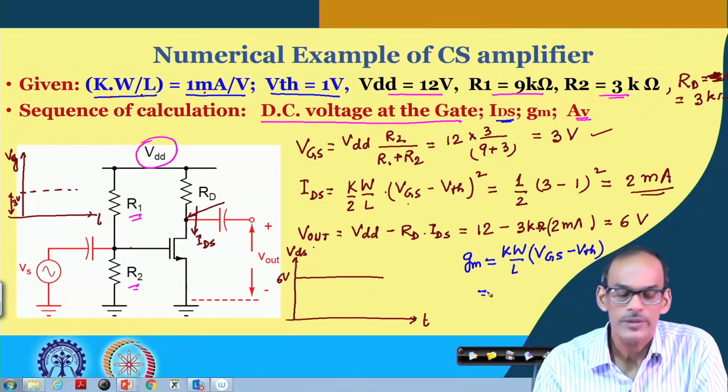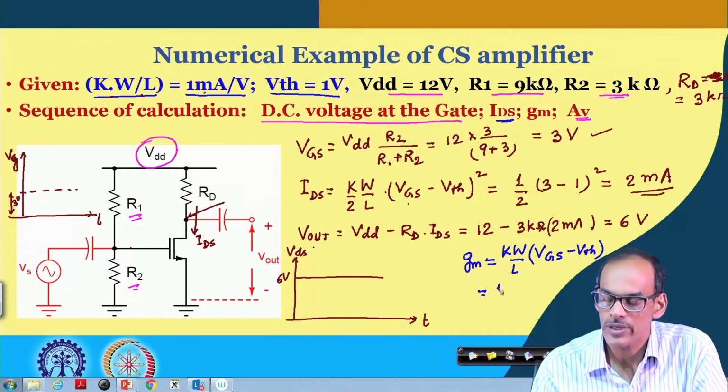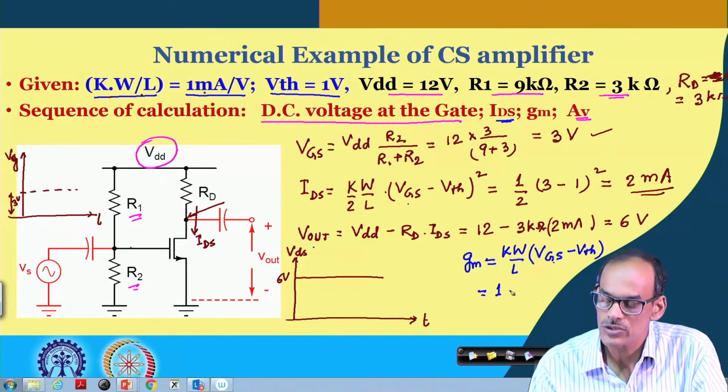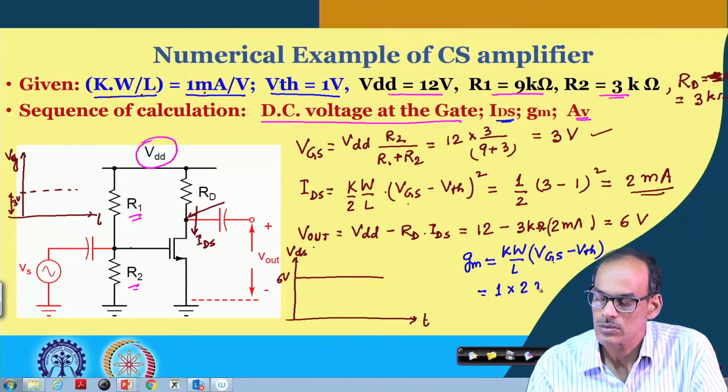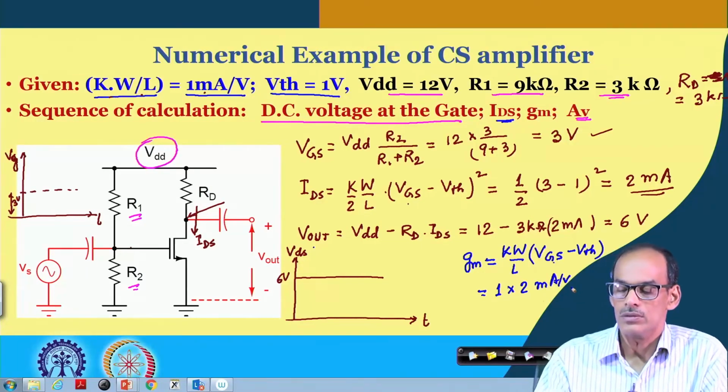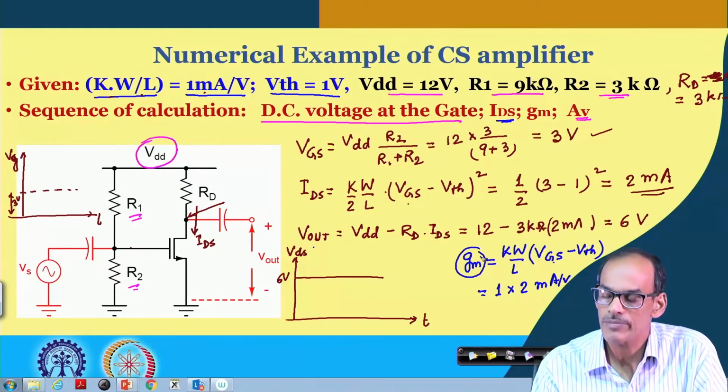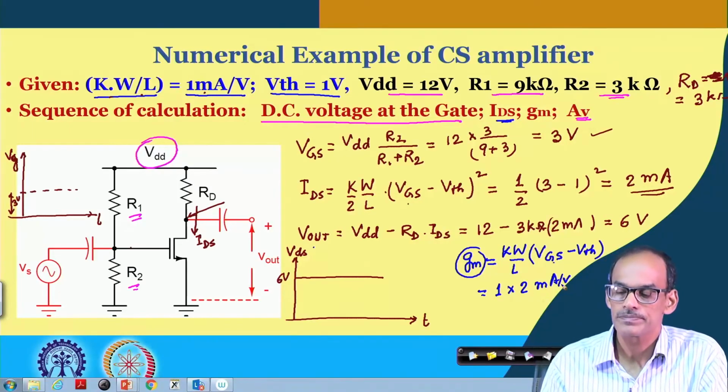So, K is given as 1 milli, multiplied by VGS minus VTH. So, 1 into, this is 2, 3 minus 1. So, 2 milliampere per volt. So, the GM is 2 milliampere per volt.